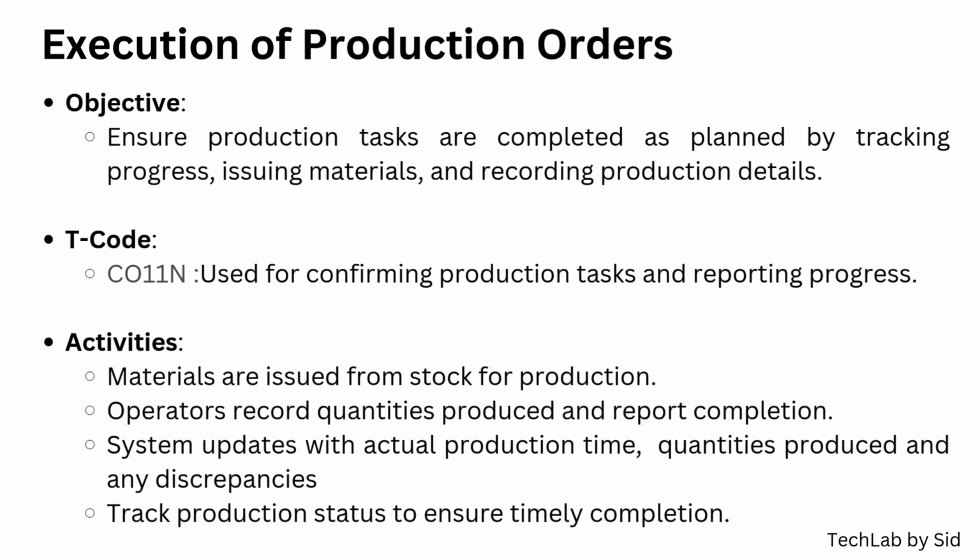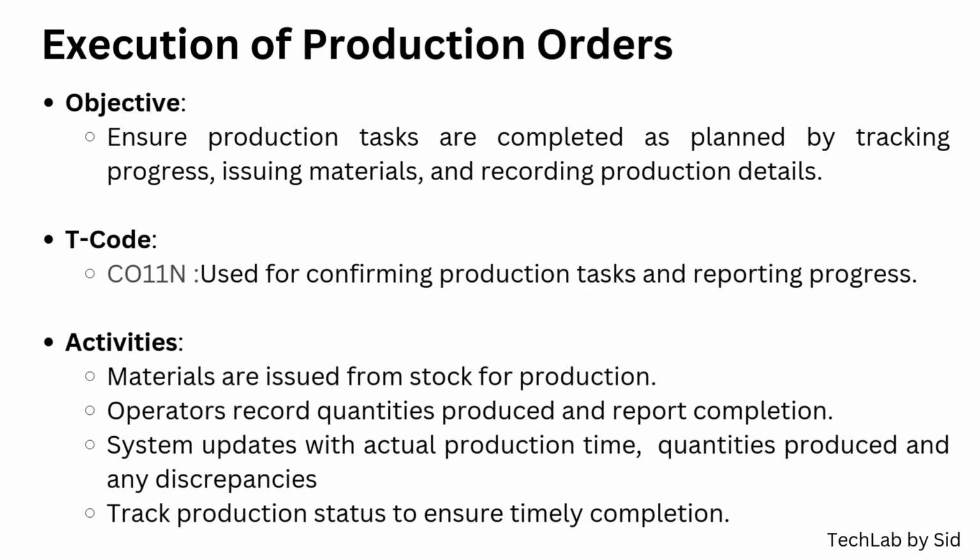These orders initiate the process of material consumption and production scheduling. After creating the production orders, we move on to the execution of production orders. This phase is where production activities are actually carried out. Using Tcode CO11N, operators confirm the completion of production tasks and report progress.